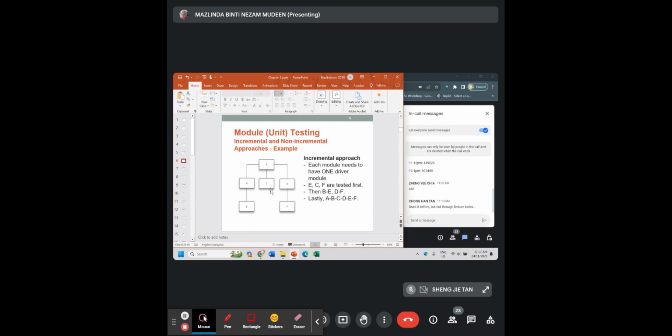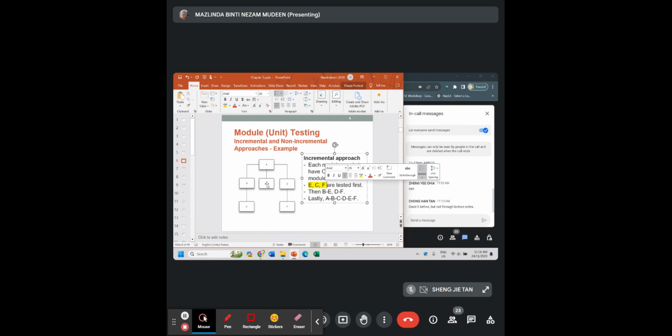This strategy is based on the completion of the programming or development. The example given here starts from the lowest, so you can see we start from E, C, and F first.